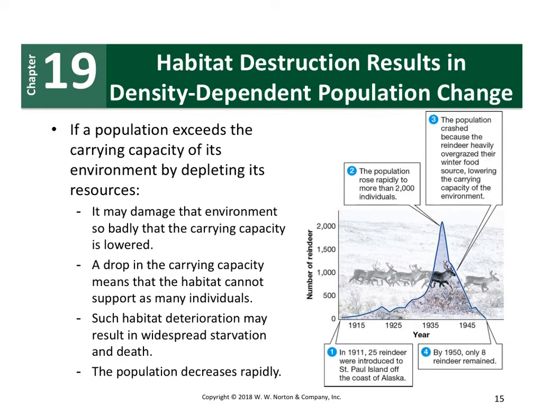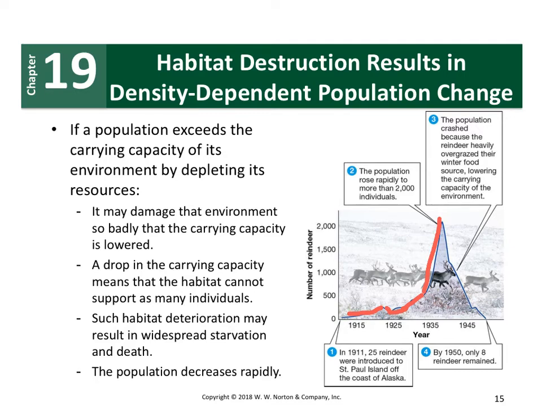As you can see, the population grew, continued to grow, stopped growing, and then started a phase of exponential growth to more than 2,000 individuals.